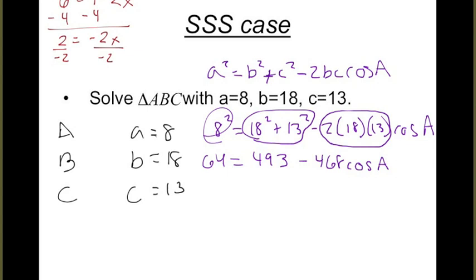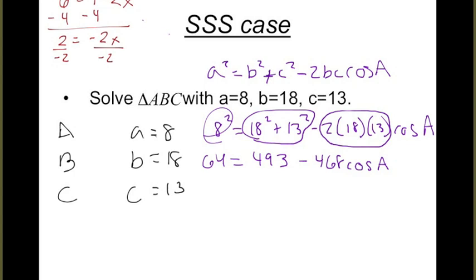This is the second big red flag. You cannot do the 493 minus the 468. Just like in that little side note, we can't do the 4 minus the 2x because this 468 has a variable attached to it. So, just like in that little side note, the first thing we needed to do was subtract. In this problem, the first thing to solve this is subtract.